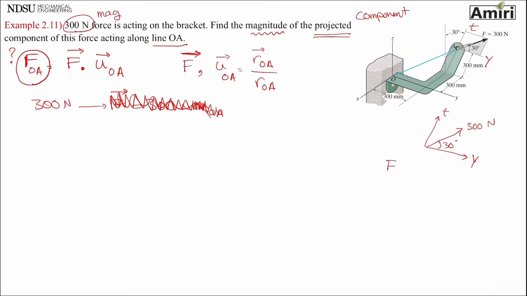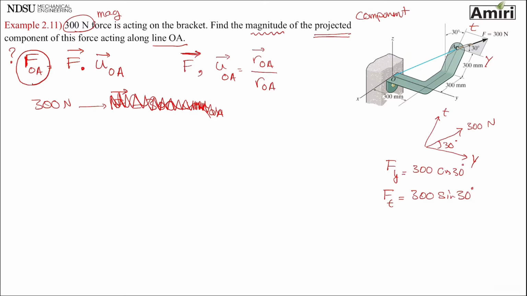So Fy is 300 cosine 30. F of t is 300 sine 30. Okay. Now let's bring Ft to x and z.